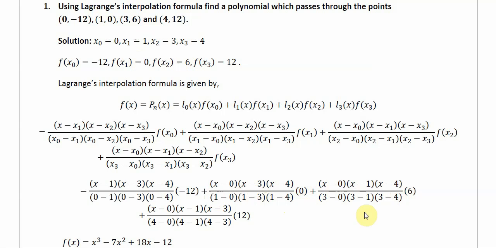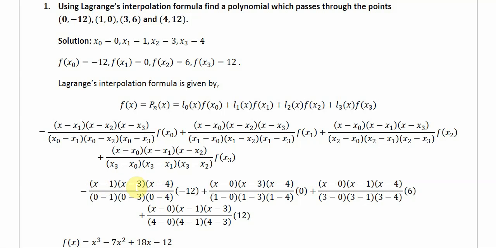Similarly, substitute for the remaining terms, simplify. How do you simplify? Numerator, denominator, everything is a number. 0 minus 1 is minus 1, this is minus 3 and minus 4. Multiply all of them and simplify the common terms. Then you should open the brackets over here. There are 3 terms.